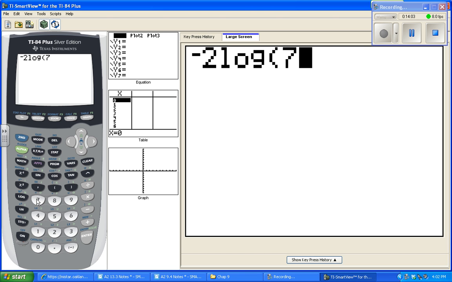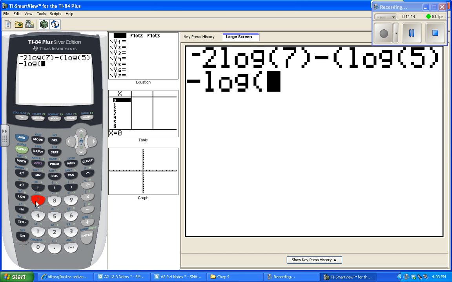Negative 2 log 7 divided by, in parentheses, log of 5 minus log 7.